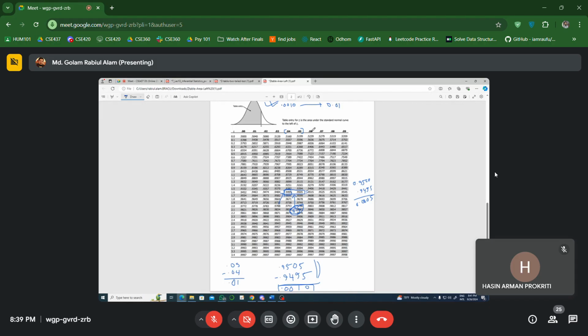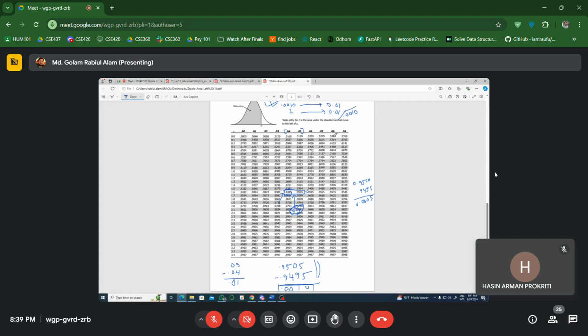So for a difference of 1, the linear relationship we can write like 0.01 divided by 0.0010.